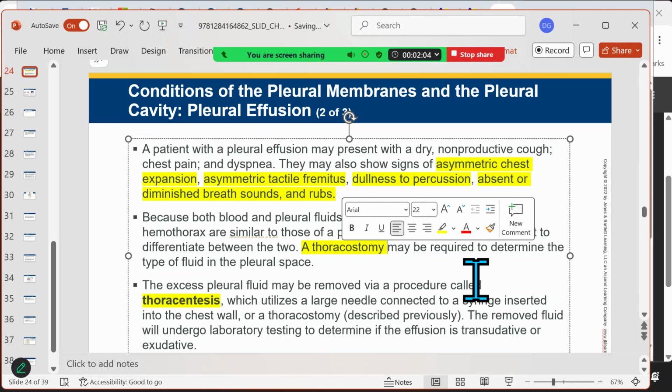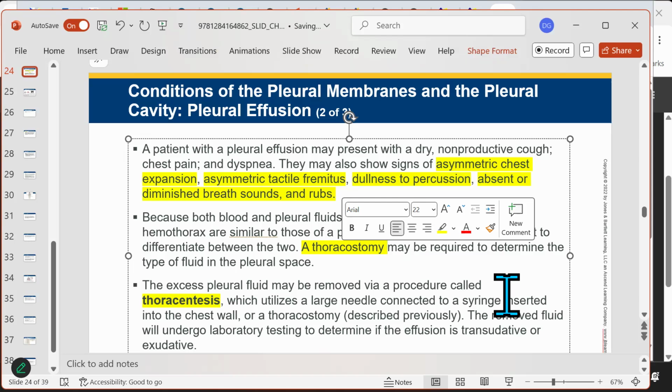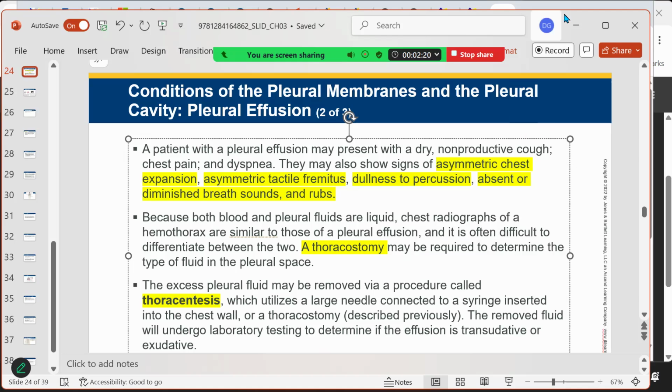Excess pleural fluid can be removed by thoracentesis. Centesis is surgical puncture. Thora is chest. So we're going in with a needle, always above the rib, never below the rib, because of the nerve, artery, and vein, which are located there. So thoracentesis, which you'll also be learning quite a bit about in lab.